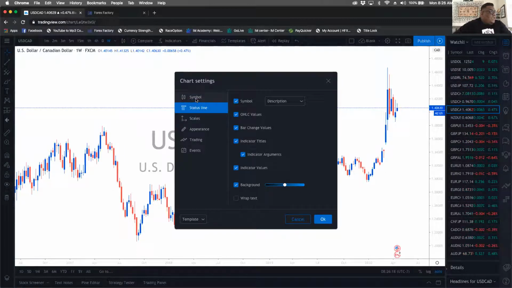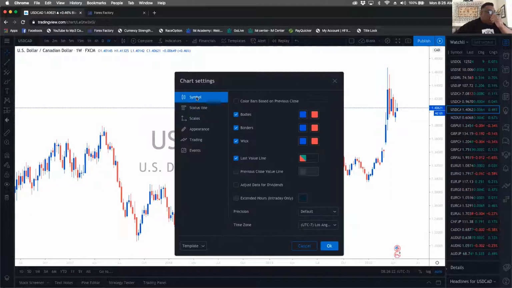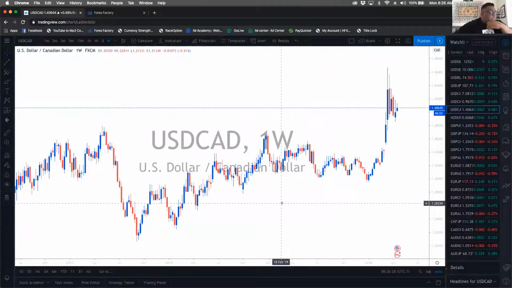You can have it gray, you can have it black, you can have it white, you can have it pink. Whatever you would like it to have, you can most definitely do that here in your chart settings, okay? So I'm here, I want just a white canvas with my candlesticks that are in a buy going up for blue and my candlesticks that are in a sell going down for red, okay?